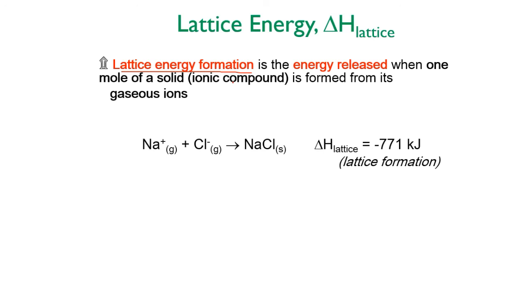That's why I don't want you all confused, we stick to formation. So it is the energy released when 1 mole of solid ionic compound is formed from its gaseous ions. So gaseous ions form the crystalline solid, the solid ionic compound, with a negative sign for the lattice energy of formation.